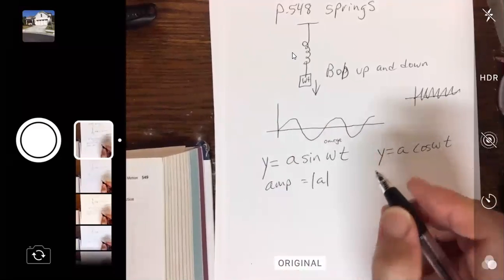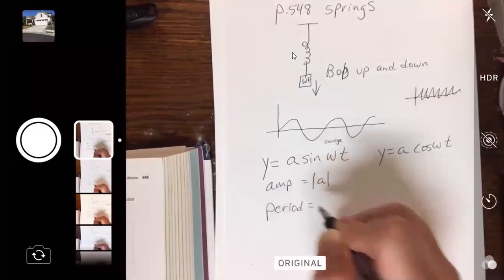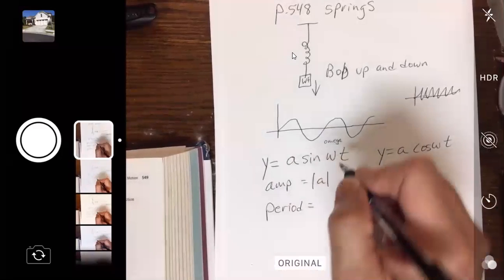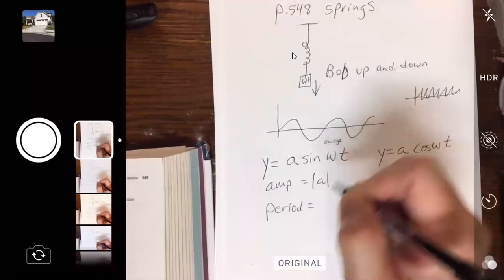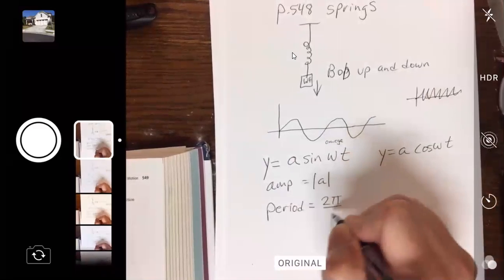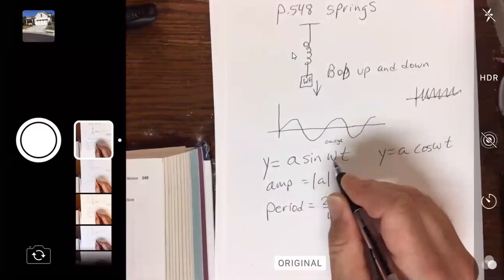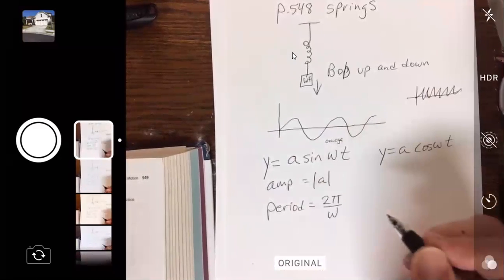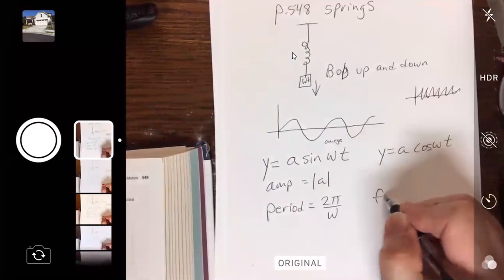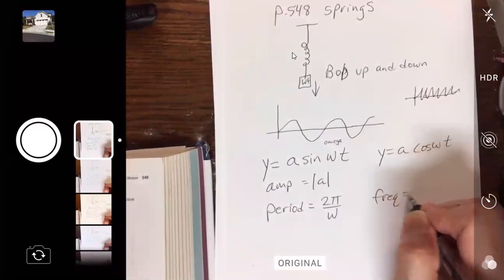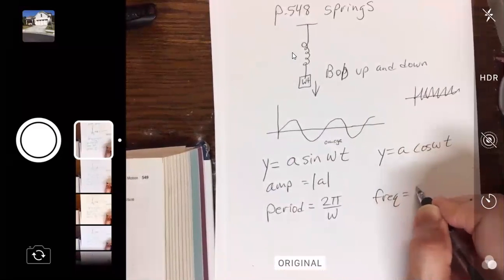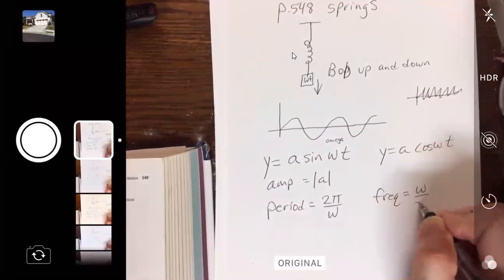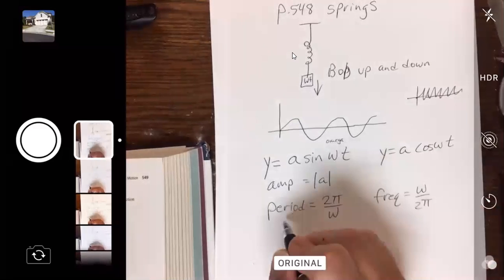The period, remember back earlier we called this K, but it'll be 2 pi over that omega, 2 pi over K. This was called kt a couple sections ago. And then it turns out the frequency flips it upside down: omega over 2 pi.